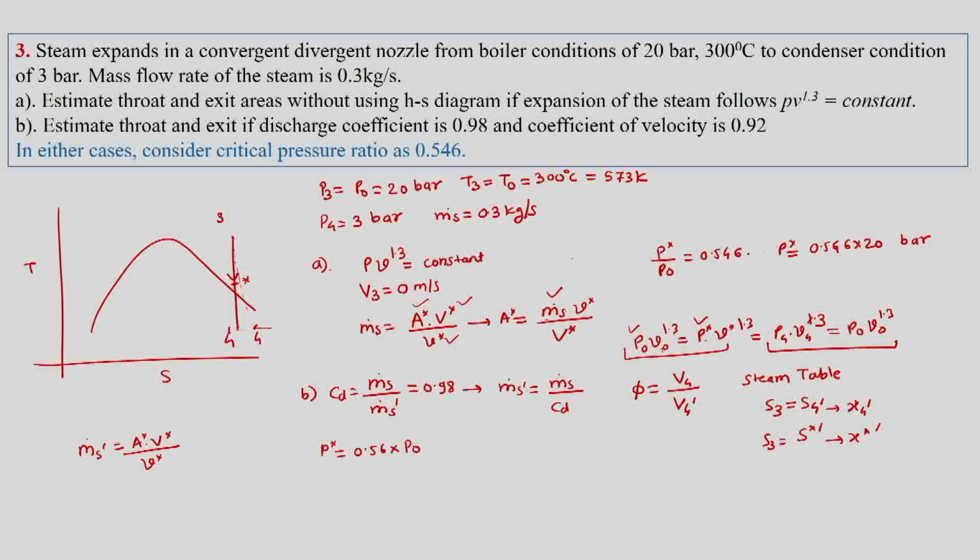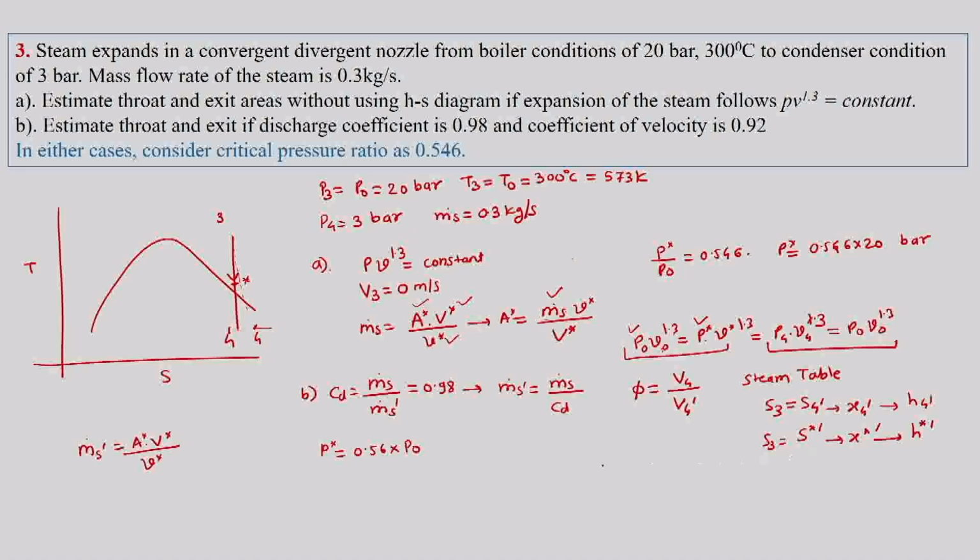So we will know the dryness fraction at the throat and also at the exit in the ideal condition, and knowing this we can find H4 dash and H star dash.